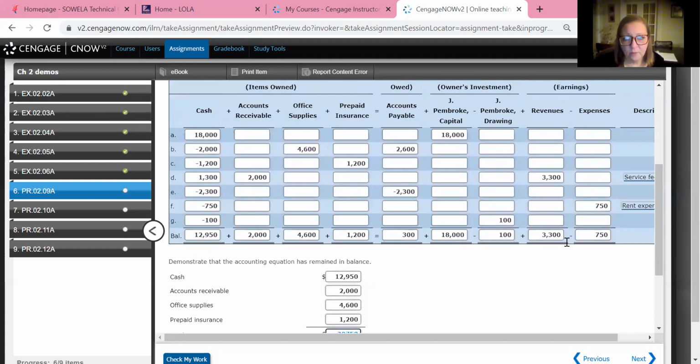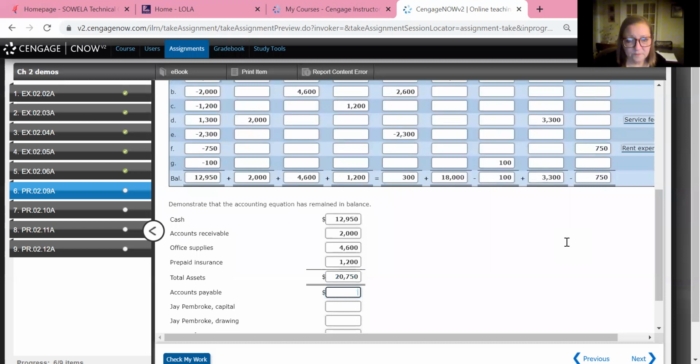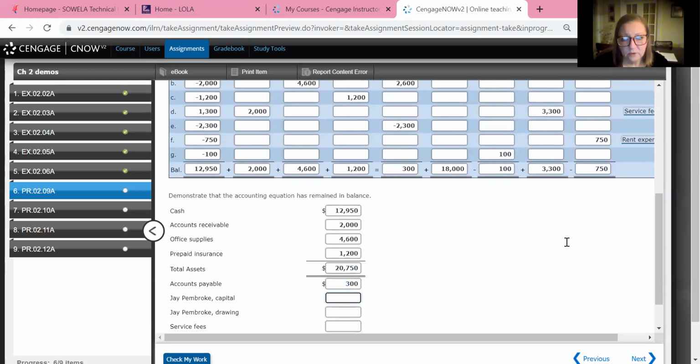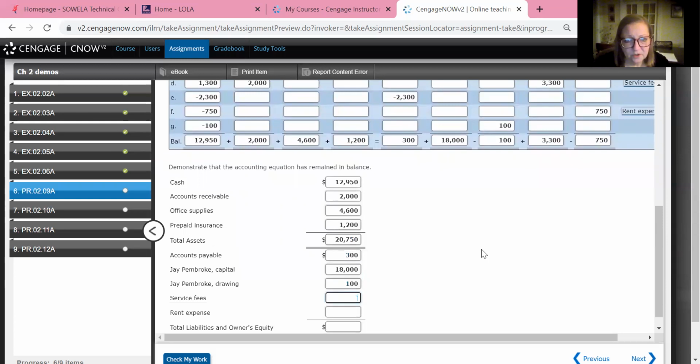All right, accounts payable number was $300. And then capital was 18,000. I was pulling from the bottom line here of my worksheet. And $100 was the drawing account. Service fees revenue was 3,300.